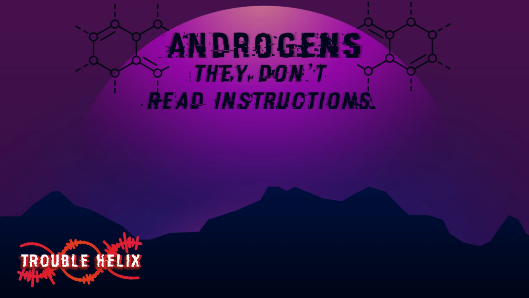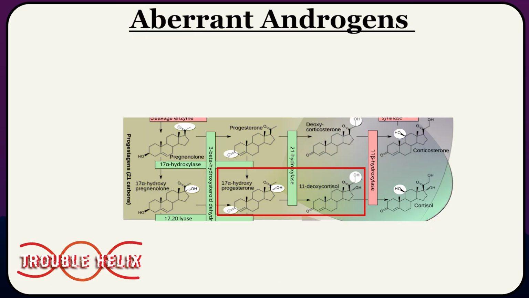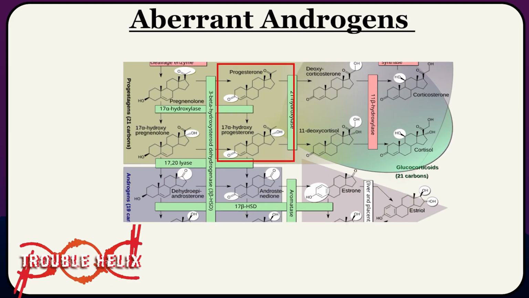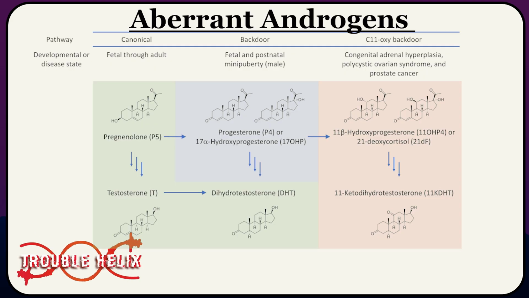When a newborn is suspected to have CAH, one of the markers they'll test for is 17-alpha-hydroxyprogesterone. In CAH, this molecule is elevated because it can't be converted into 11-deoxycortisol without 21-hydroxylase. So instead, 17-OHP will go down the androgen rabbit hole. 17-OHP, and also progesterone, can be converted into testosterone via the classic pathway, but they can also be shunted into the androgen backdoor pathway.